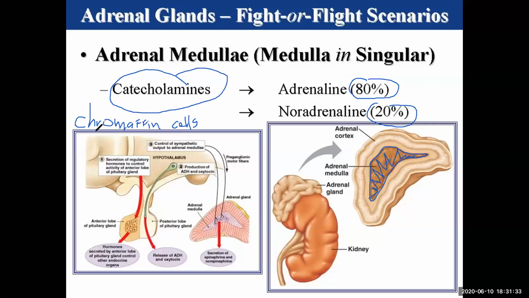Chromaffin, C H R O M A F F I N, chromaffin cells. So these are modified ganglia producing adrenaline slash epinephrine, producing noradrenaline slash norepinephrine, and releasing them into the bloodstream.